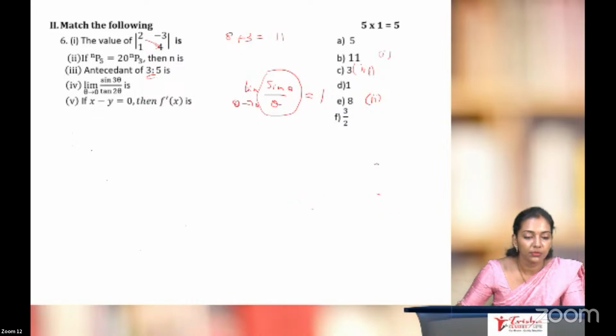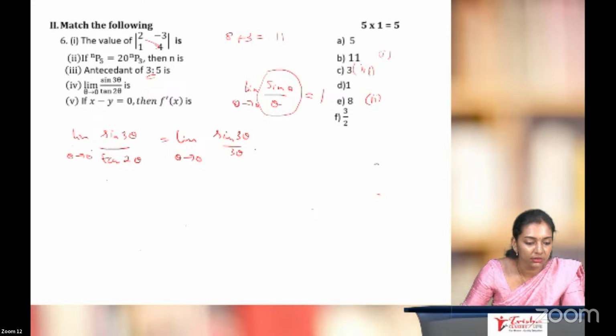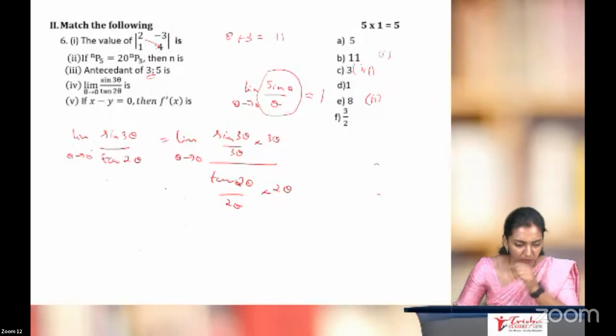Now, considering limit theta tends to 0, sine 3 theta by tan 2 theta. So limit theta tends to 0, sine 3 theta by 3 theta into 3 theta divided by tan 2 theta by 2 theta into 2 theta.